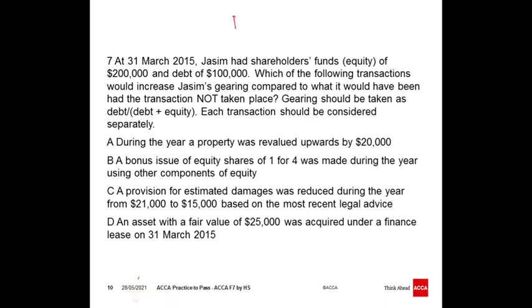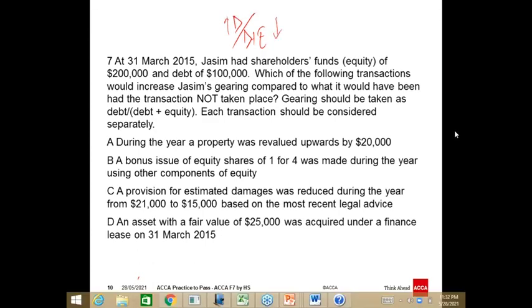The formula is debt upon debt plus equity. Which of the following transactions would increase gearing? If you want to check the increase in the gearing, there must be an increase in the numerator or a decrease in the denominator.